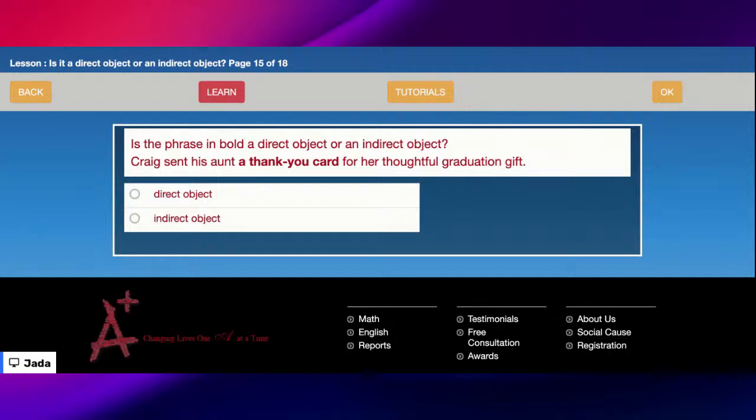This one. What's the right answer here? Craig sent his aunt a thank you card for her thoughtful graduation gift. Okay.